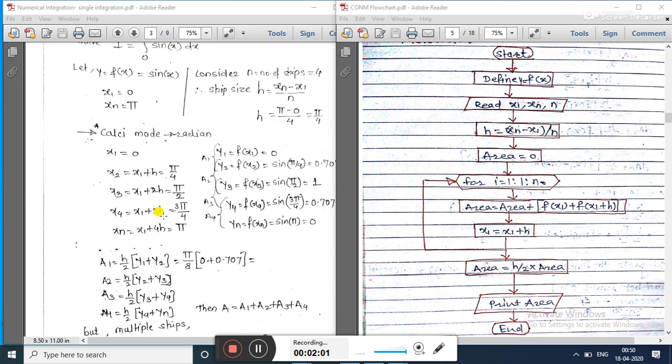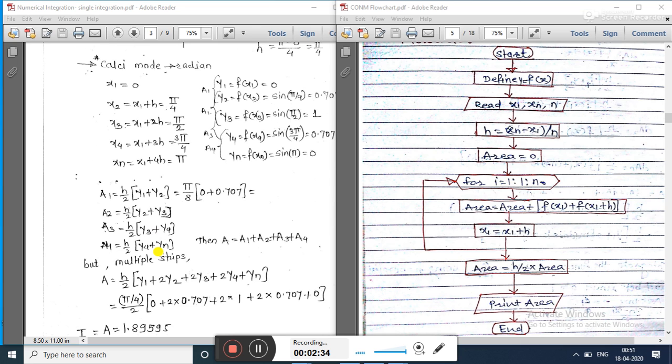Same as here, if n is equal to 4, these 5 points are generated: x1, y1, x2, y2, x3, y3, x4, y4 and xn, yn. We should know these values. So x1 plus h is x2, x1 plus 2h is x3, and so on. x1 plus 4h is xn. When you substitute these values in the function, you get your y1 to yn values.